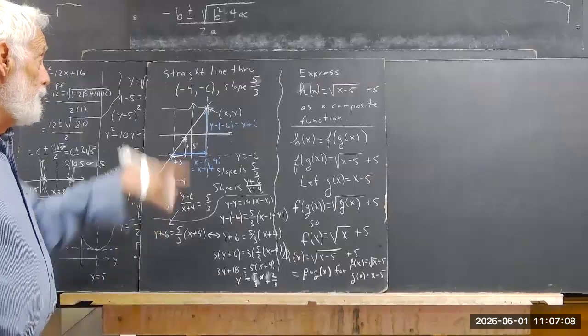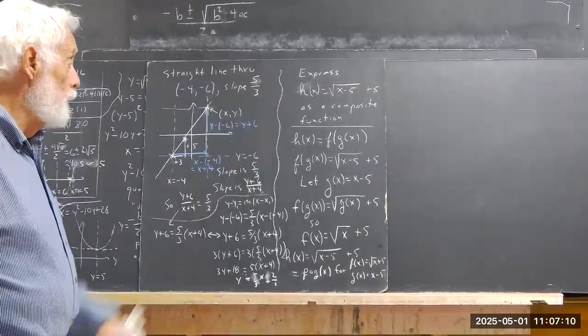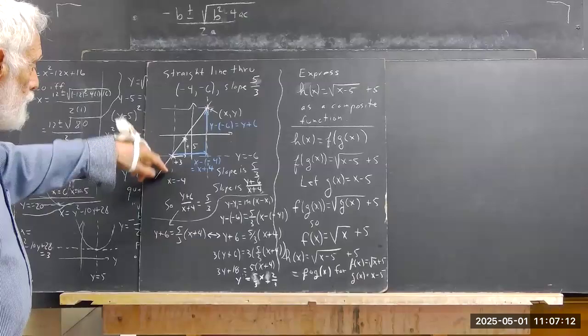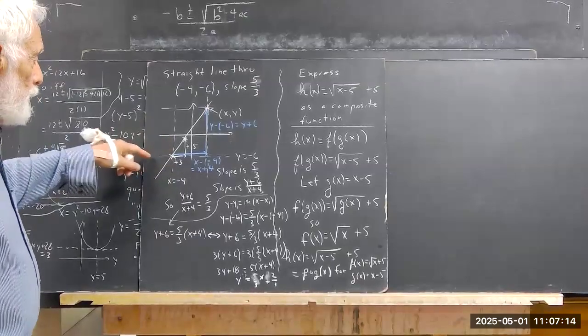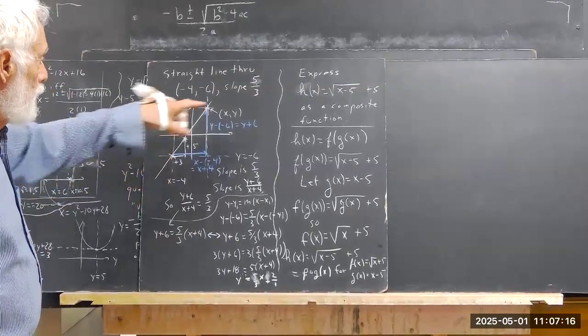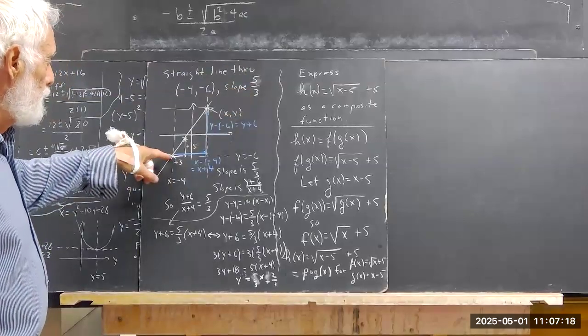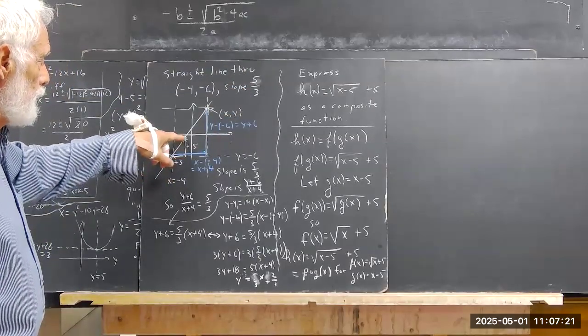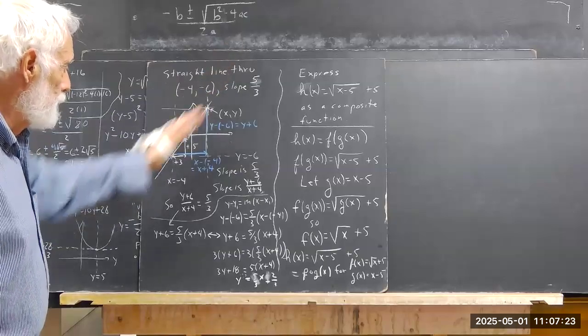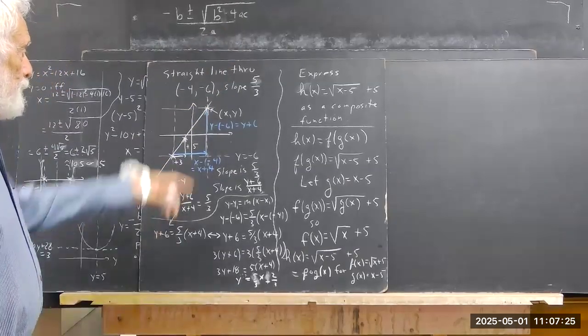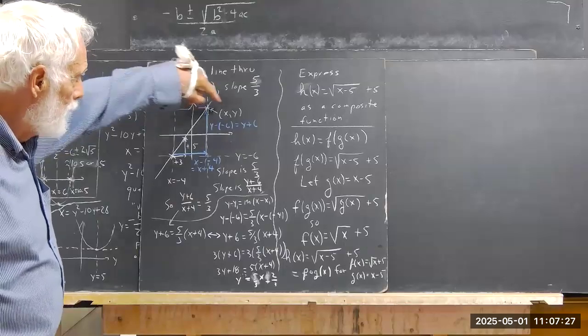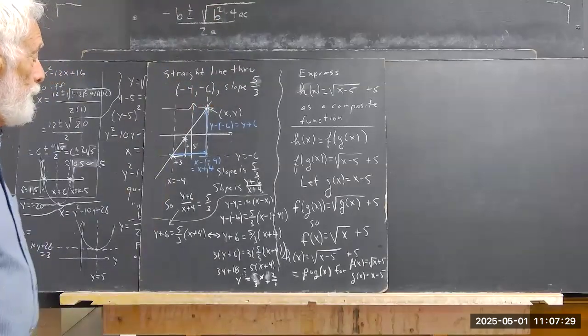We do a straight line through a point with a given slope graph. We can locate the point. The slope is 5/3, so from that point we can move over 3 and up 5, get another point, which gives us a line. We put a point x, y anywhere on the line.